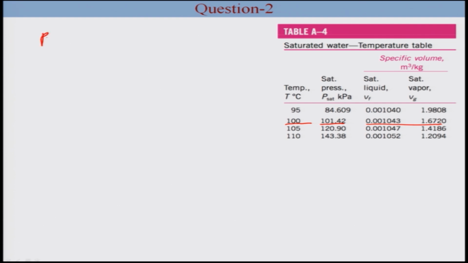P2 would be 101.42 kilopascal, and the corresponding volume V2 equals the volume of the fluid, because it is a saturated liquid, so there is no vapor. So V2 will be nothing but 0.001043 meter cube per kg.